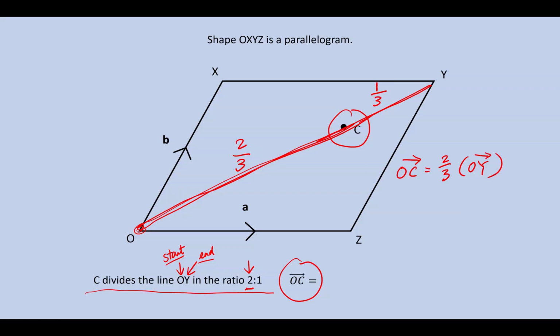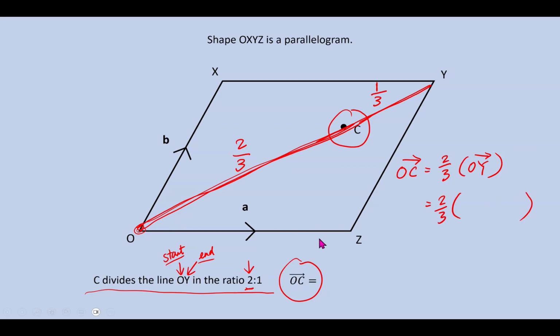Let's think about it. OC is basically 2/3 of OY. Are we able to find out OY? Look, from OZ and this to that, I feel like I can find out OY. So I'm going to find out OY.